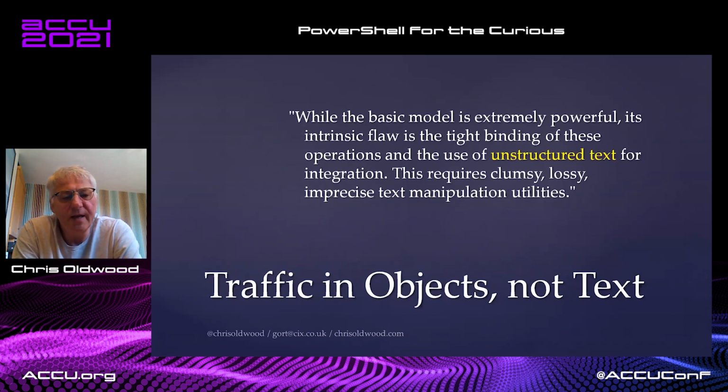So one of the things they chose to do was to keep data as rich as possible, and then allow those richer data objects to be passed through pipelines, and do the rendering to different formats at the end, so that everything remains as rich as possible. And we'll see what that means in practice.